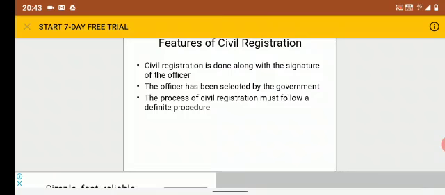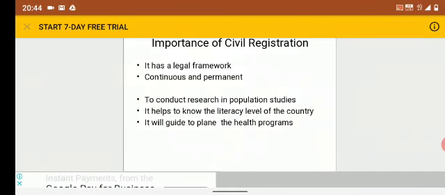The officer who is authorized to sign the documents has been selected by the government. Another dominant characteristic is that civil registration must follow a definite procedure.